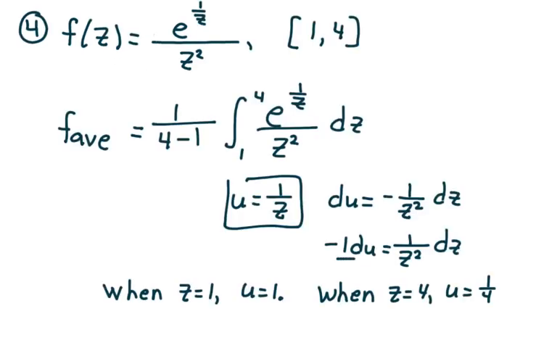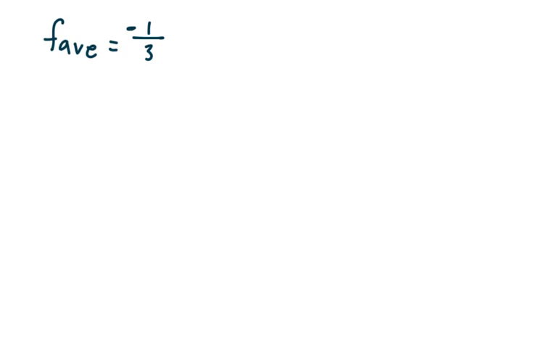And so the average value is 1/3. And if you don't mind, I'm going to put a negative there. Why? Because that's what 1 over z squared dz is, negative 1 du. So we're going to pull out a negative as well.